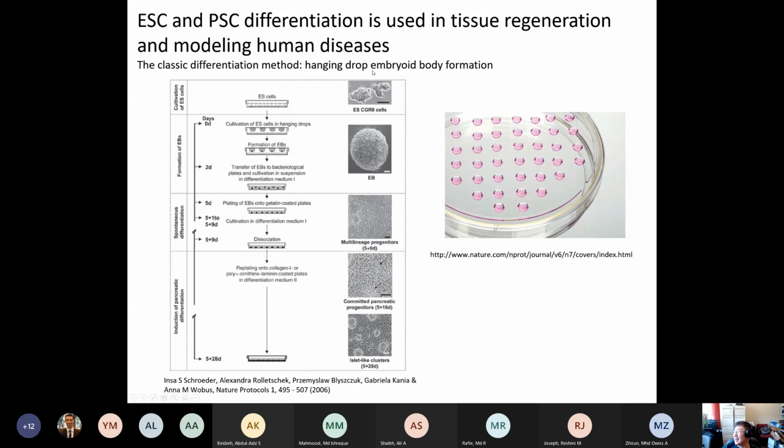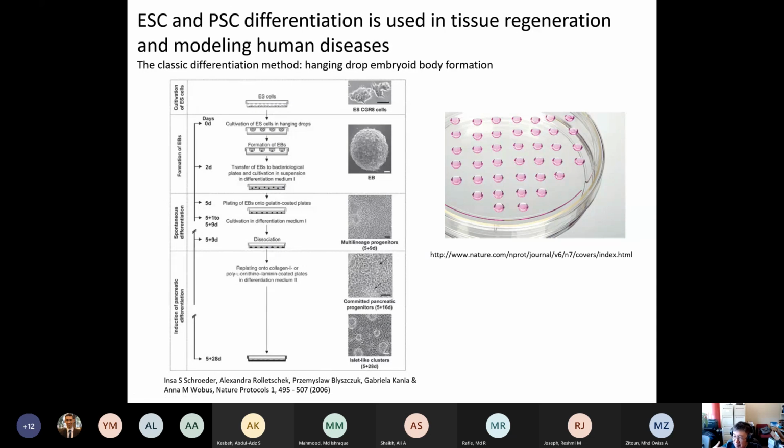The ball is called embryoid body. Again, a third adjective, embryoid. It probably means looks like an embryo. So this is called embryoid body, and then this embryoid body will differentiate automatically. Later on, you can take those embryoid bodies and put them onto a surface again.